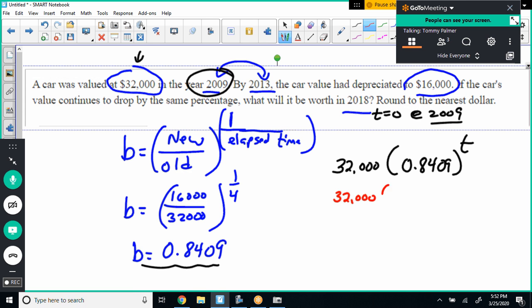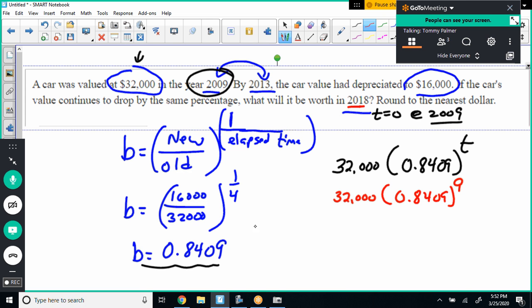We want to know what it's going to be worth in 2018, so 2018 minus 2009 comes out to be 9 years. Would y'all agree? So you take 0.8409, raise it to the 9, and then times it by 32,000.